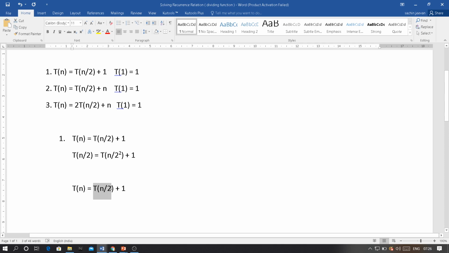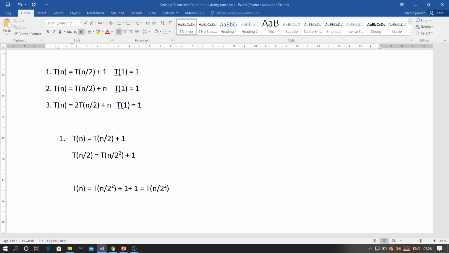When we substitute, we will get T of n divided by 2 square plus 2, since 1 and 1 added together give 2. Now what is the next step?